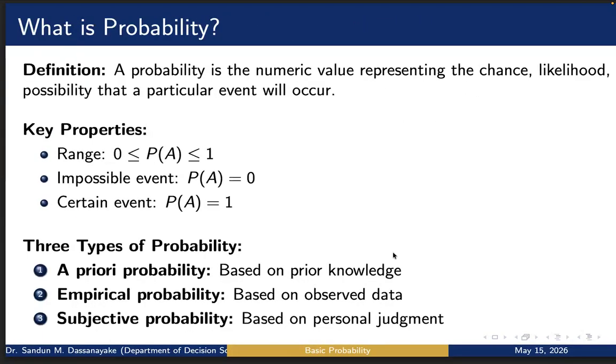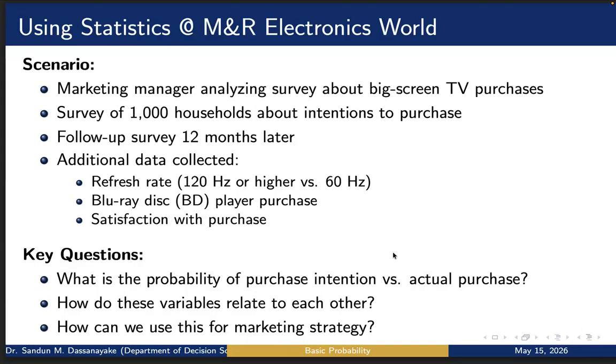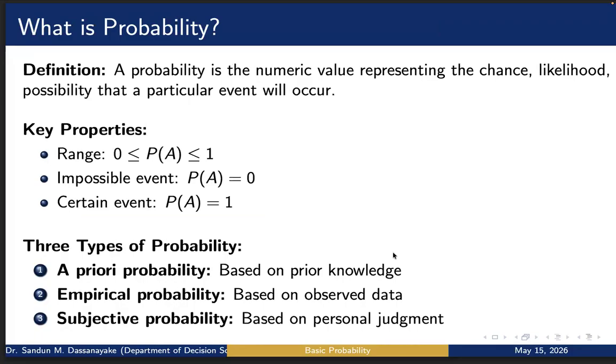When you look at this question, we have to come up with a basic understanding of probability. So what is probability? The probability is the numeric value representing the chance, likelihood, or possibility that a particular event will occur. If you think about the probability of winning a lottery, that is a very simple example.